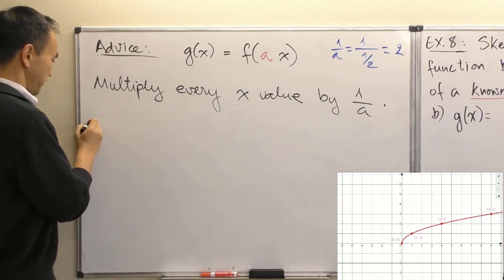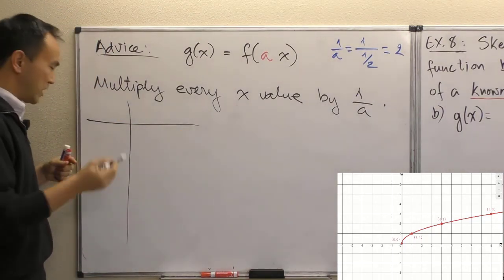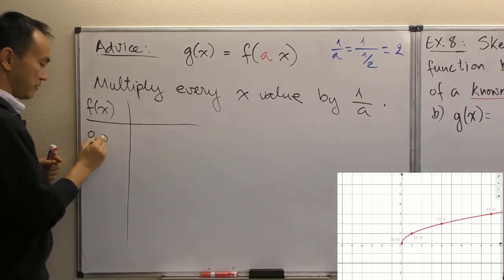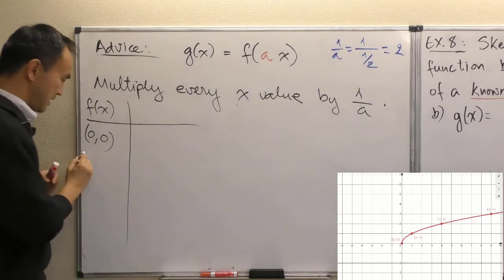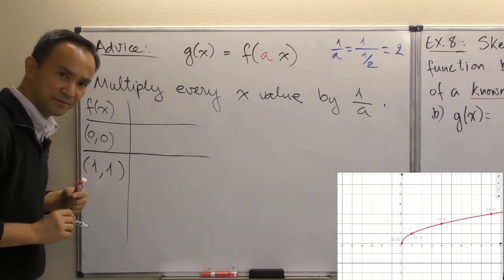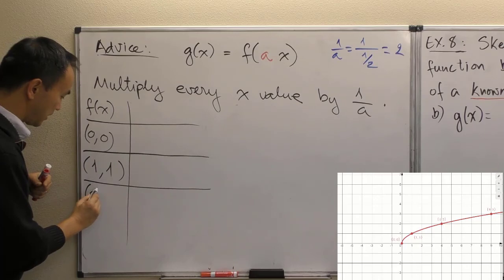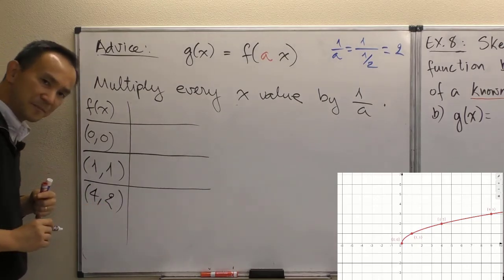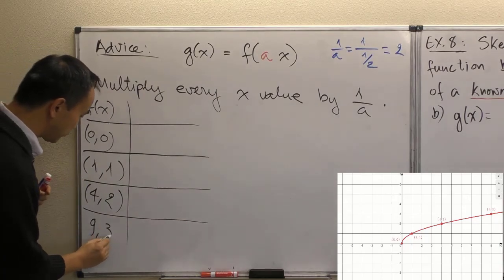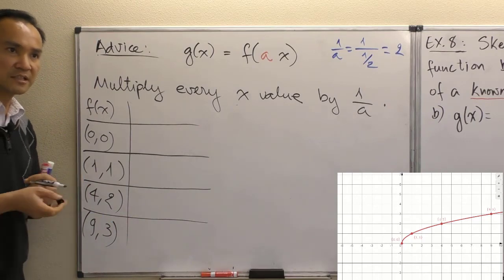For f of x, I recognize the following guiding points: 0, 0; 1, 1; 4, 2; and 9, 3.